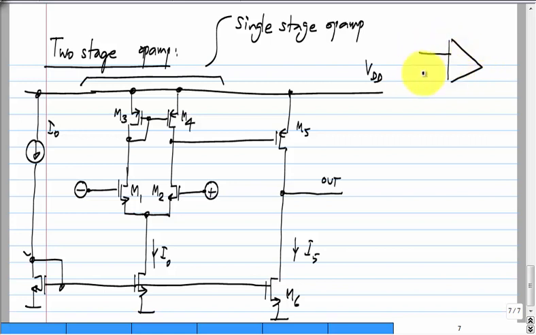So, the picture of our op amp looks like this. And that is the output, and we can use it in any way we want.